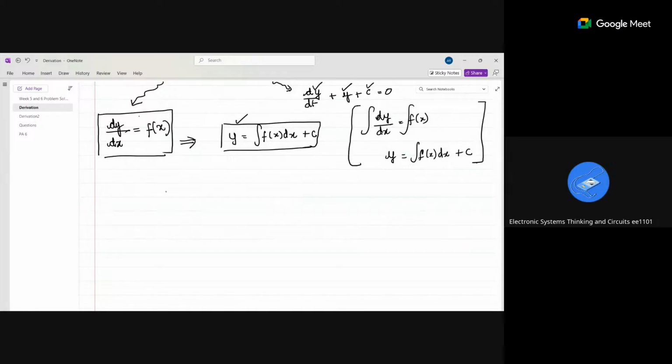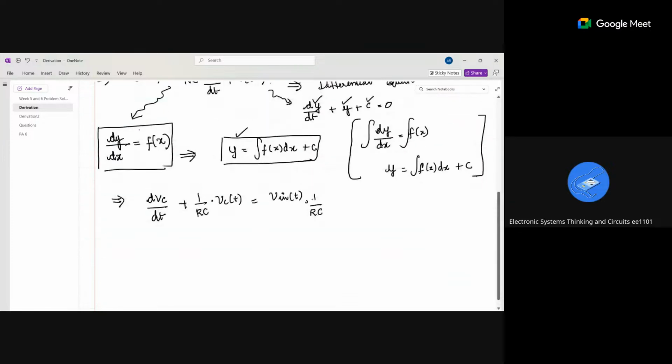First, what I'm going to do is divide by RC everywhere: dVc by dt plus 1 by RC Vc of t is equal to V in of t into 1 by RC. Then what's the next step?